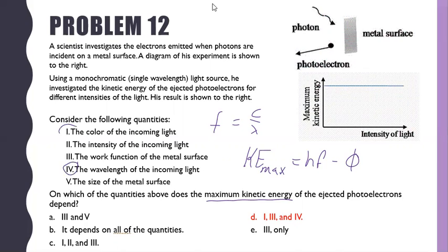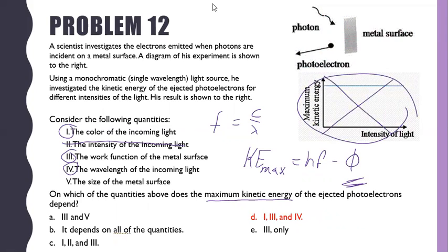And since wavelength and color have to do with each other, it depends on the color. And I also see here that it depends on that work function. But it does not depend on intensity, which is exactly what this equation says. And it has nothing to do with the size of the metal, so it doesn't depend on that. So we get to say that it depends on 1, 4, and 5. So we have to pick that answer.